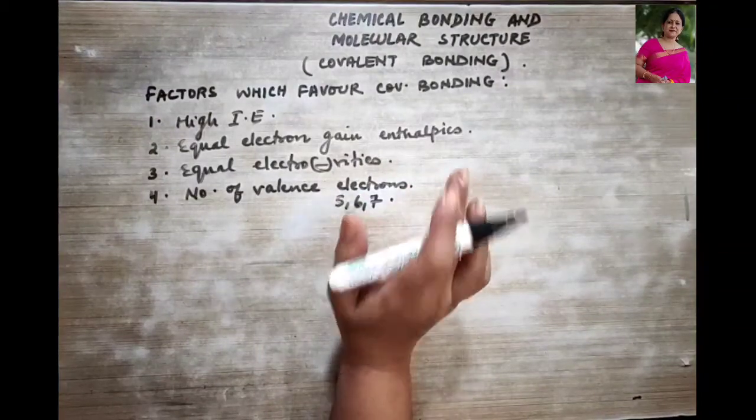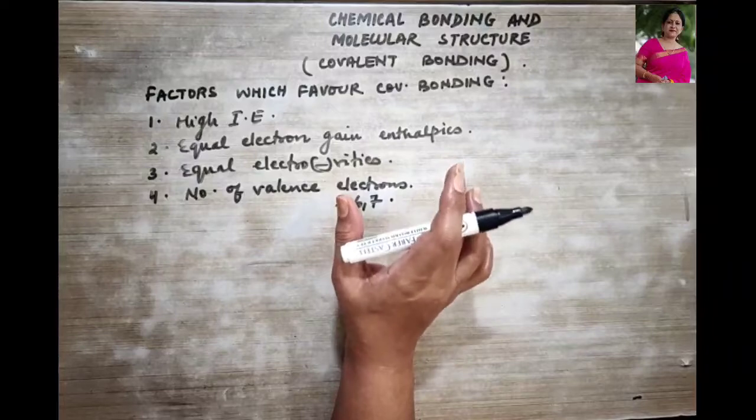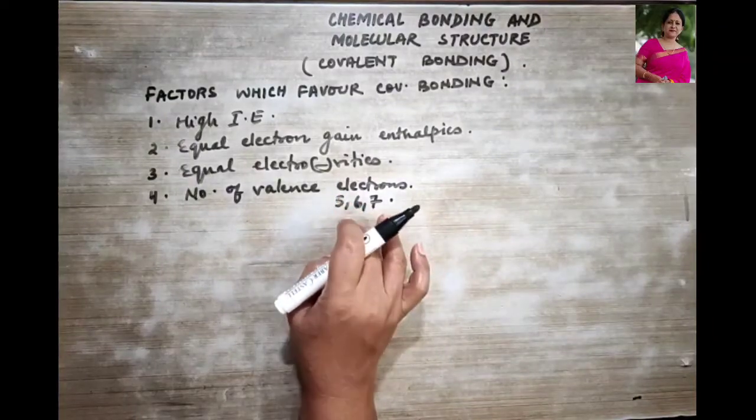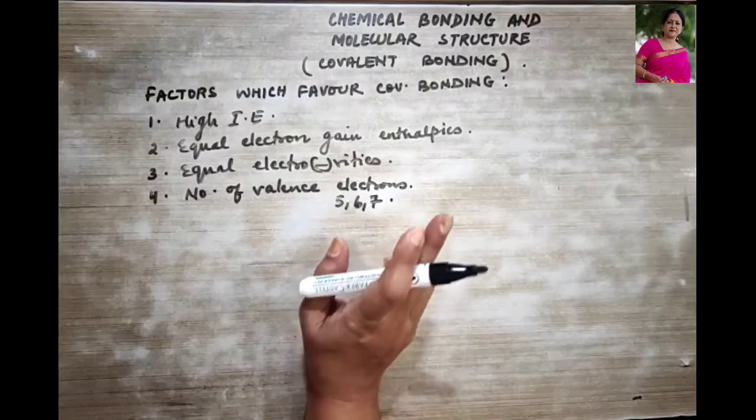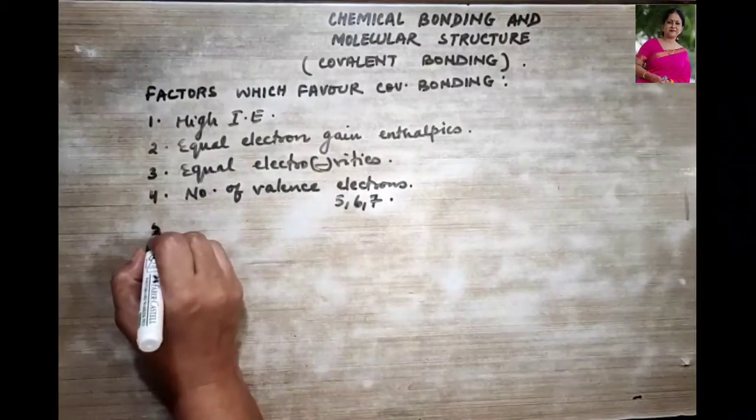These elements belong to groups 15, 16 and 17, and they easily form covalent bonds.